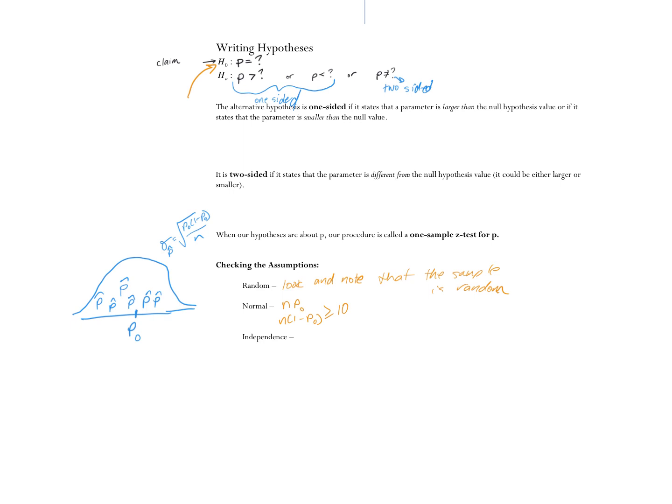So the same skeleton, but the guts of it is a little bit different. But the logic is: when I have a hypothesized value for p, I use it. If I don't have one and I'm trying to estimate it, then I have to use p-hat. Is this okay? All right. And then independence is going to be the same. n has to be less than 10% of the population.